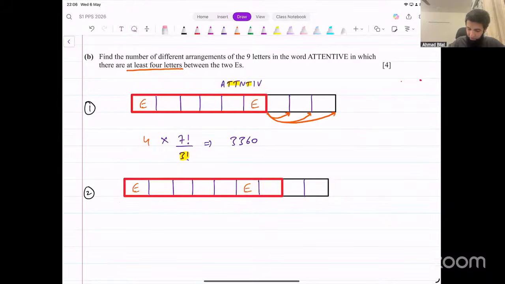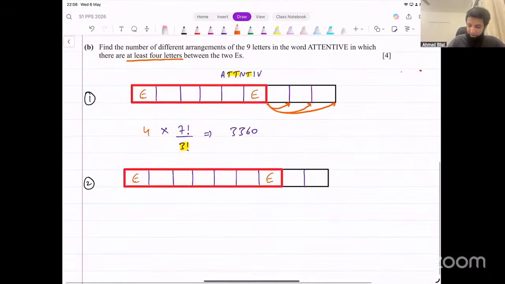So now there are 7 letters in this red box. There are 2 E's at the two ends. Now this red box can go in 2 other positions. So one, its current position, and 2 other positions, that will become 3 possible positions.